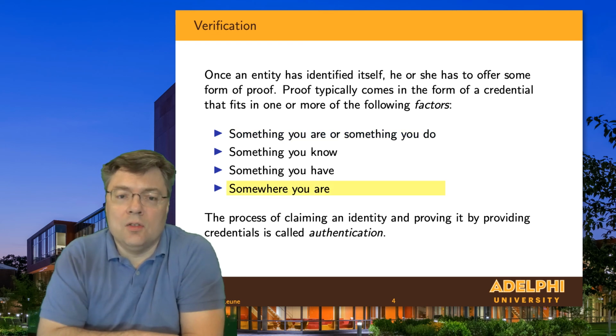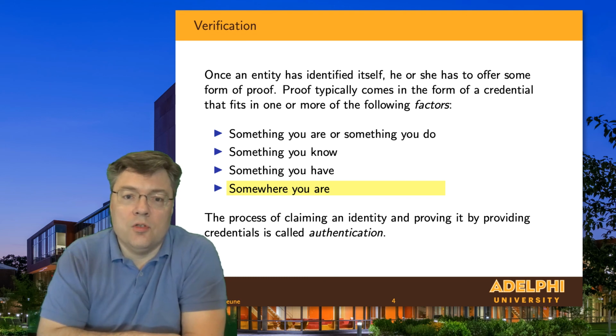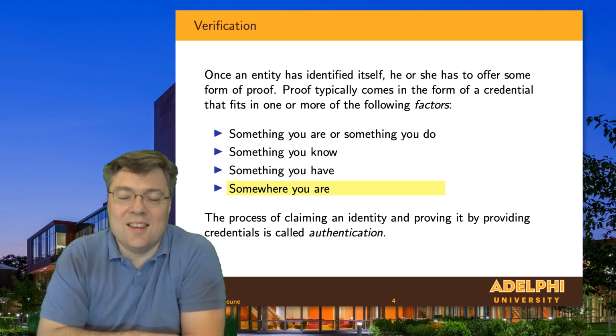And then lastly, sometimes used is somewhere I am, a location-based credential. And whether that is through a GPS-based GeoIP, or whether it is about physical presence at a given computer at a given time, it doesn't matter. It all puts an individual in a particular place, which hopefully adds to the plausibility of that claim of identity.